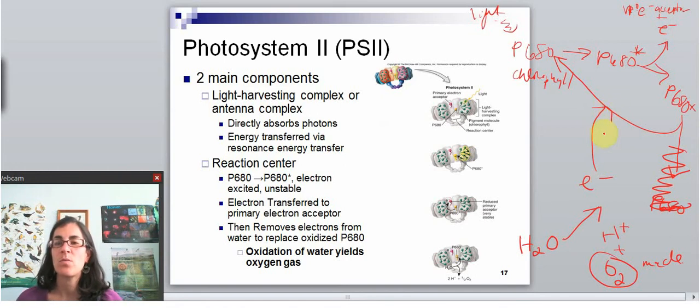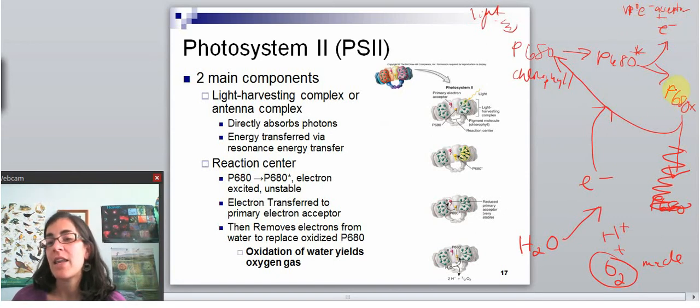So let me walk through this one more time. The light energy shines into the light harvesting complexes. The energy is funneled down to P680, the chlorophyll in the reaction center. When chlorophyll absorbs that light energy, the electron becomes excited. That electron is then taken away or captured by the primary electron acceptor.